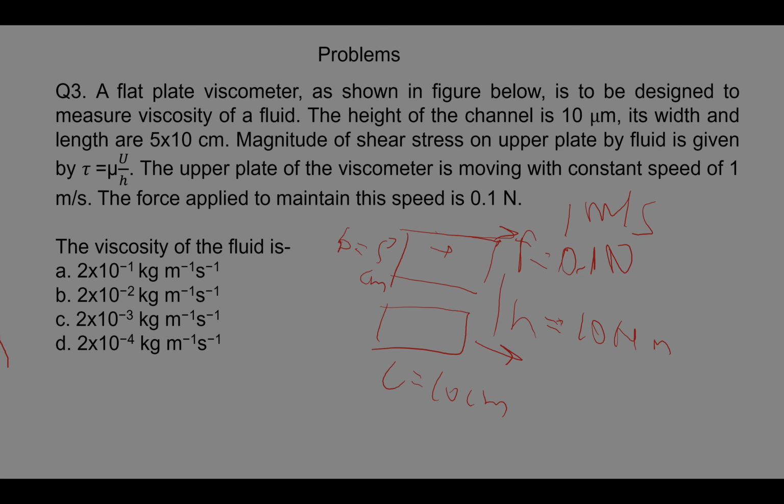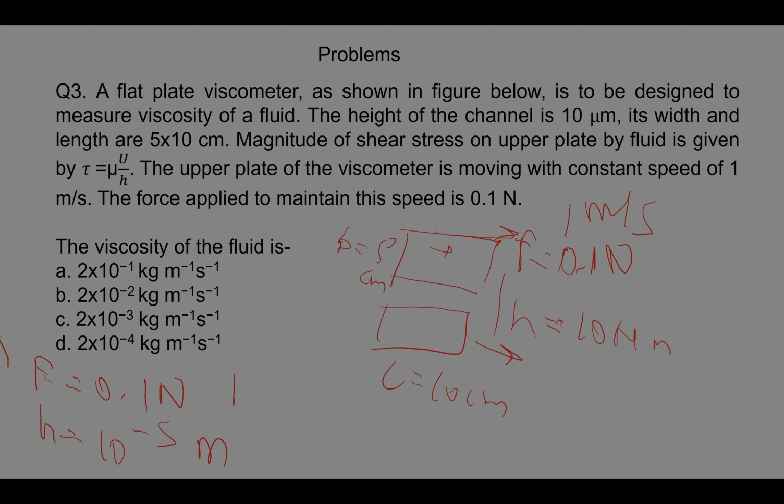First we'll go for the force. So force is mentioned as 0.1 Newton, and height is mentioned as 10 micrometers, so it will be 10 to the power minus 5 meter.